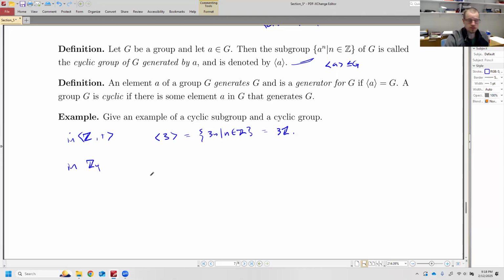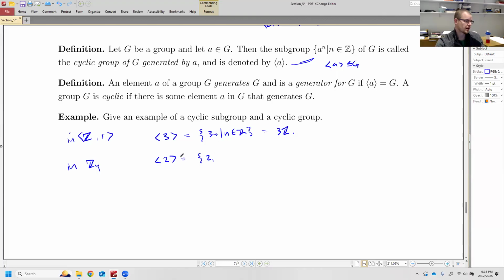In Z4, which we already talked about earlier as well, we could look at 2, for example. If I want to talk about the subset generated by 2, I can talk about all of the powers of 2. 2 to the first power, of course, includes 2. But this is Z4, so it's addition, not multiplication.